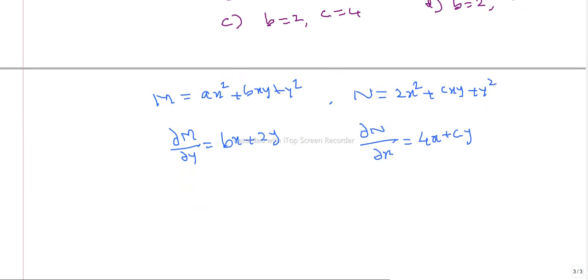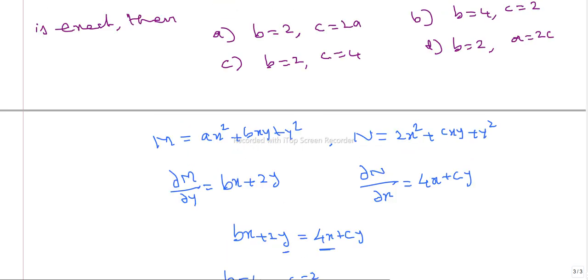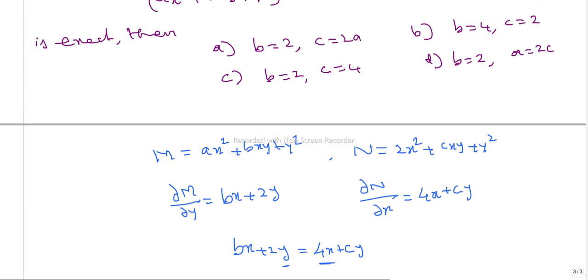Now just equate these two, because it is exact: bx plus 2y equal to 4x plus cy. Now compare the coefficients. The coefficient of x on that side is 4, this side is b, therefore b equal to 4. The coefficient of y is 2, here c, therefore c is 2. So b equal to 4, c equal to 2, the second one is the correct answer.